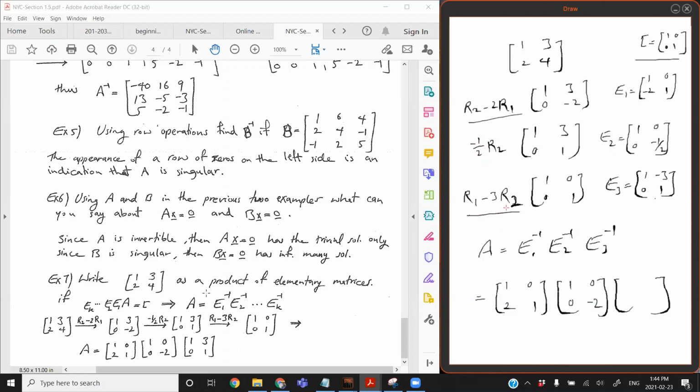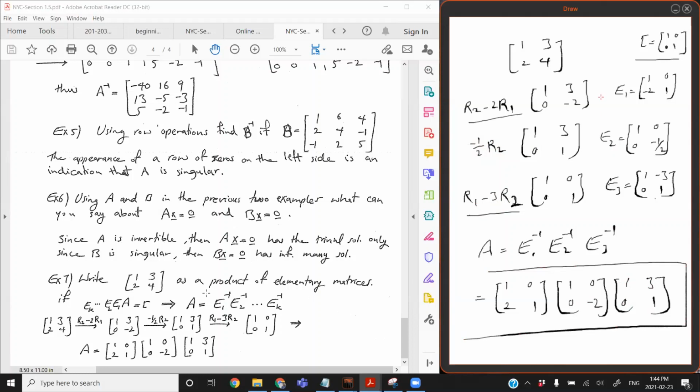And the canceling row operation for adding negative 3 times row 2 to row 1 would be adding 3 times row 2 to row 1, which will give me [1, 3; 0, 1]. So that would be A expressed as a product of elementary matrices.